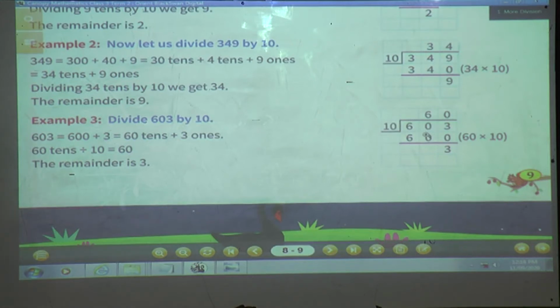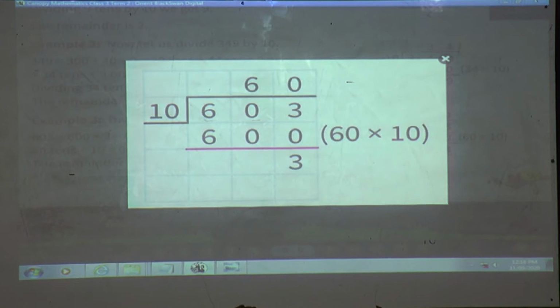So 603 divided by 10, for that we do 60 into 10, that is 600. So 603 minus 600, you will get the remainder 3 and the quotient is 60.